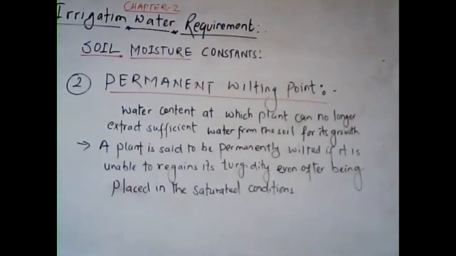What is turgidity? Turgidity is the original shape and posture of the plant. It cannot regain its original turgidity even if it is placed in a saturated condition. However, it will regain its turgidity if water is applied to the root zone of the soil.